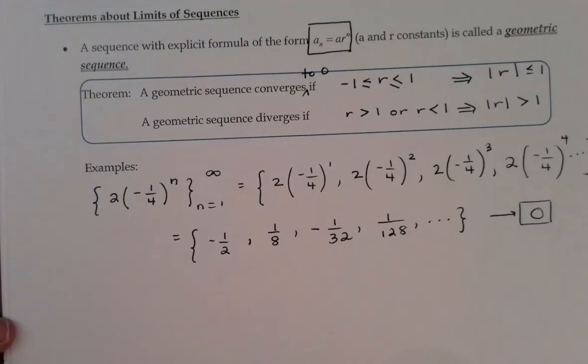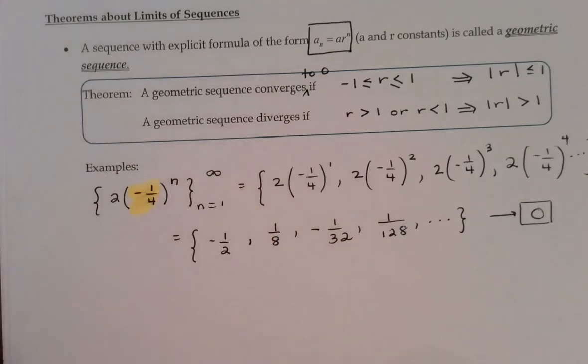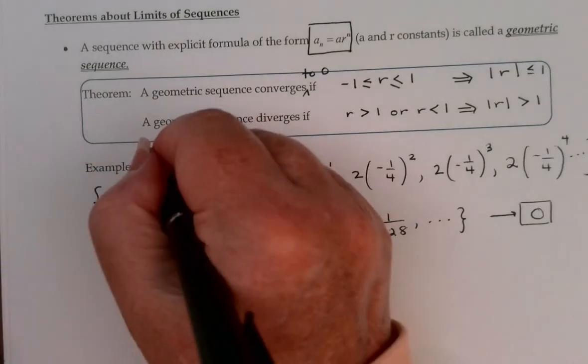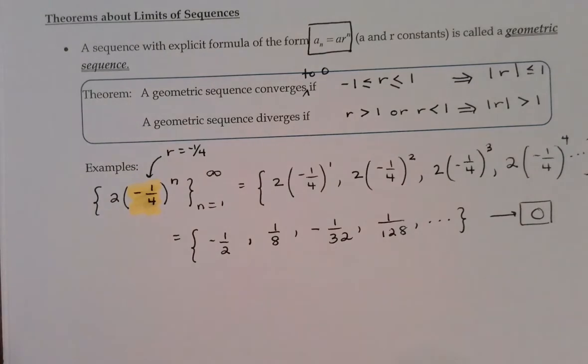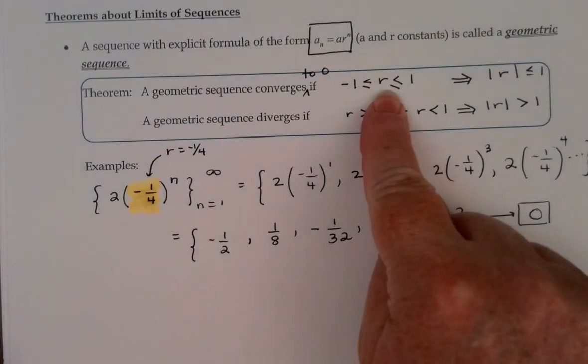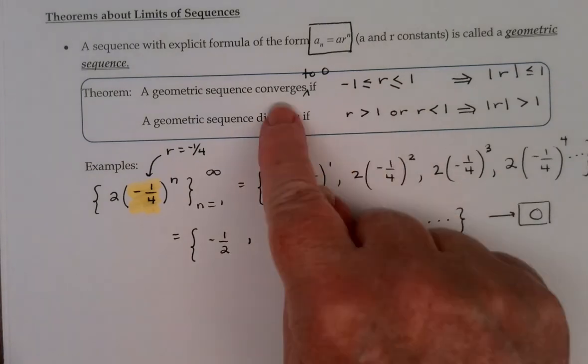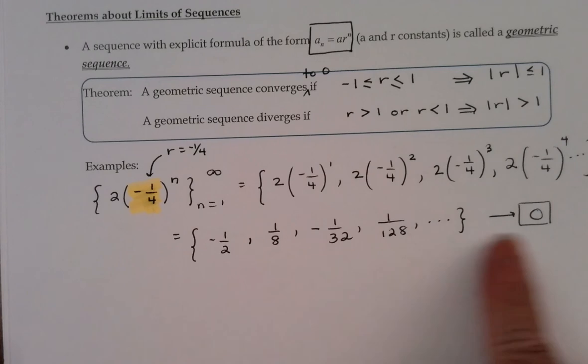Well, we were in the case where our r value was -1/4. And notice that r value is indeed between plus and -1. And as advertised, my geometric sequence is converging to 0.